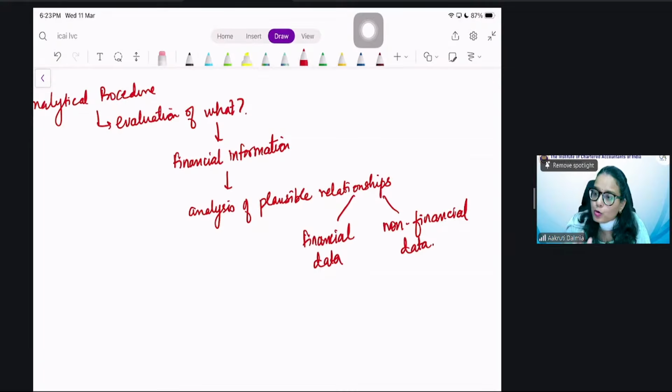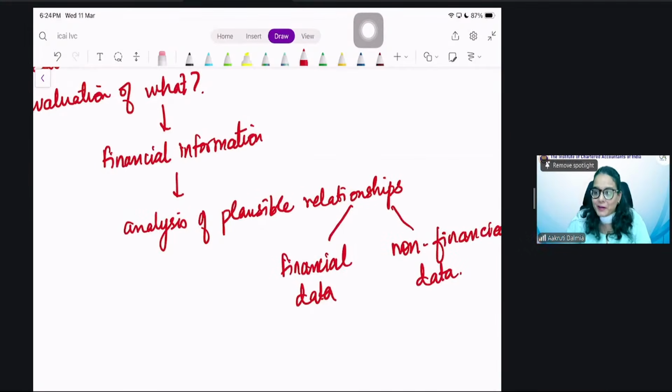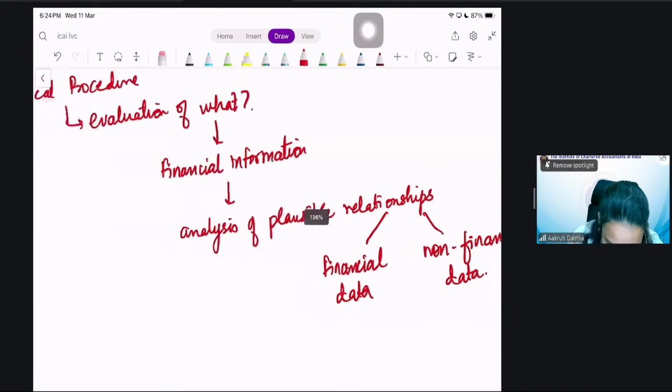Your ability to do analytical procedures will create the difference between a bad auditor, a good auditor, a better auditor and the best auditor. An auditor's ability to analyze actually decides how good an auditor you become and how much your client values you. More than the client, how much the public values you, because we mostly work for the public and not our clients.